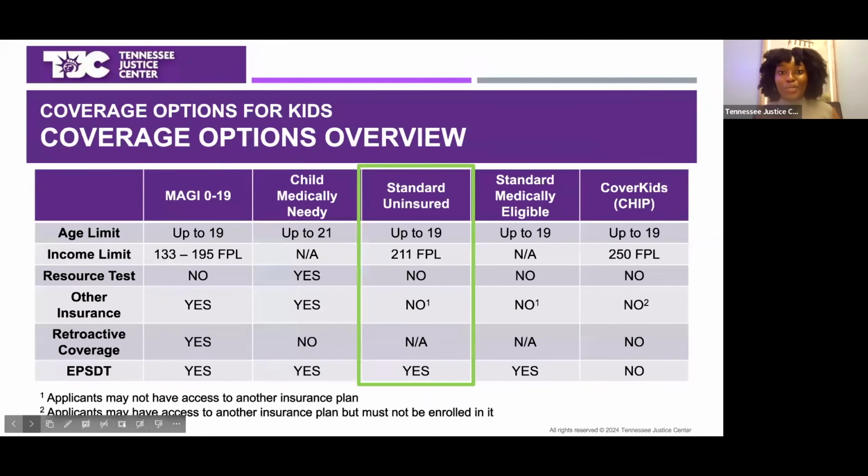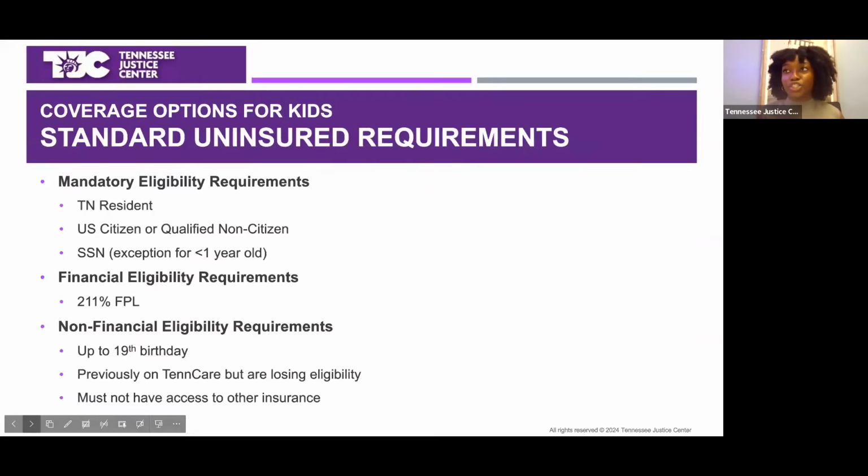All right, next we're going to cover TennCare Standard uninsured. This category is going to be for children who were previously on TennCare but are losing eligibility. This could be due to things like a change in household income, a reduction in household size.